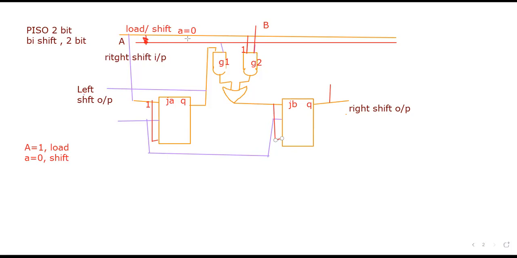See, we have to make this mechanism. We have load shift and we have complementary line which is alternatively connected. Okay, and here it is G1, G2. So one is connected with complementary line, one is with original line. That's it.